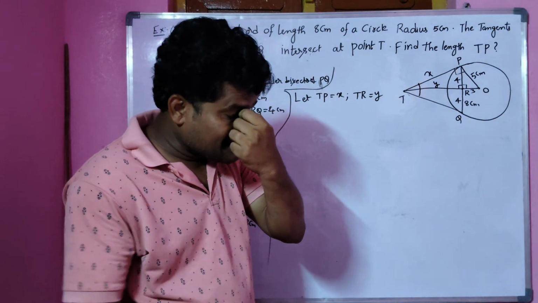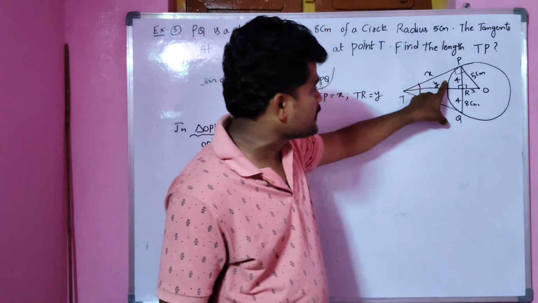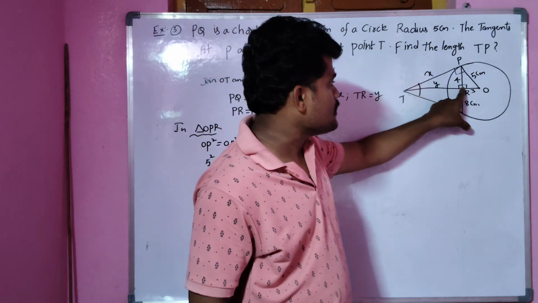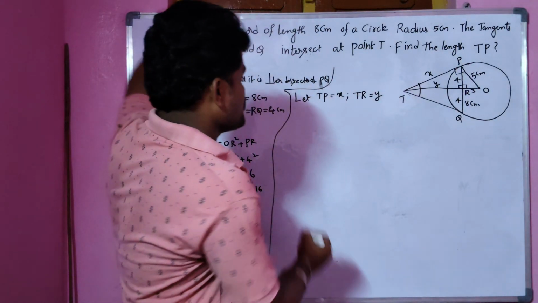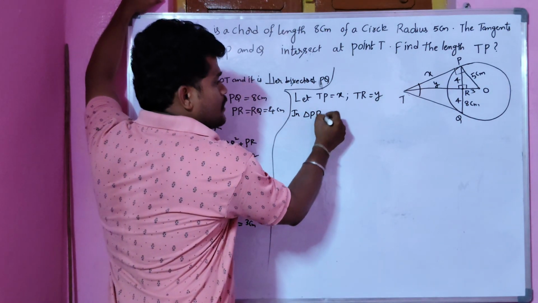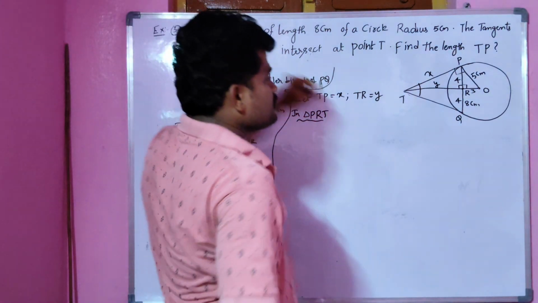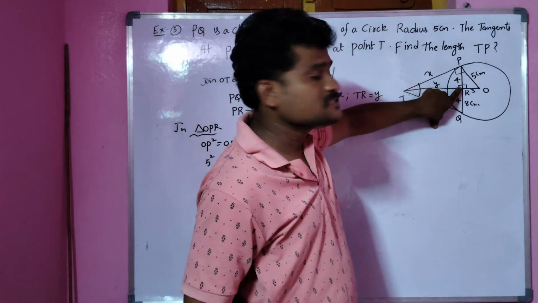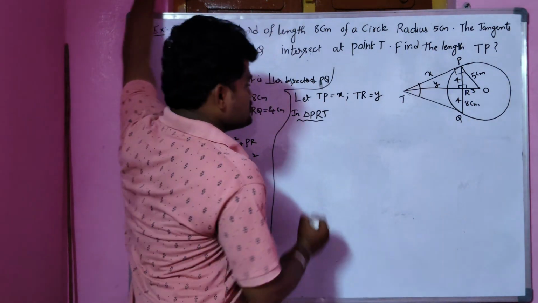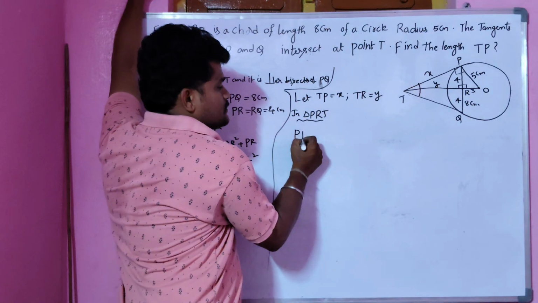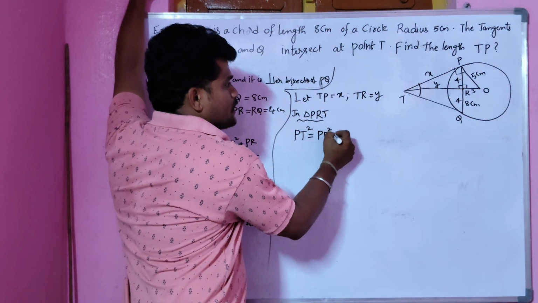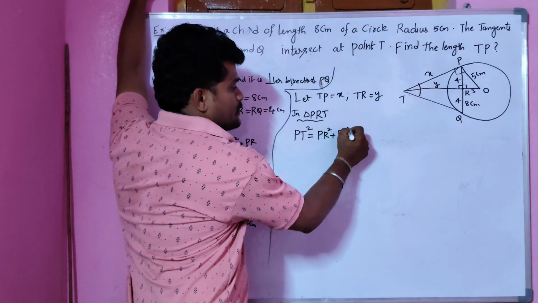Now let's take another right angle triangle. You can see the other right angle triangle is PRT. In triangle PRT, here we have 90 degrees at R, and the side opposite the 90 degrees is PT. Then the hypotenuse is PT. If you apply Pythagoras theorem, PT square is equal to PR square plus RT square.